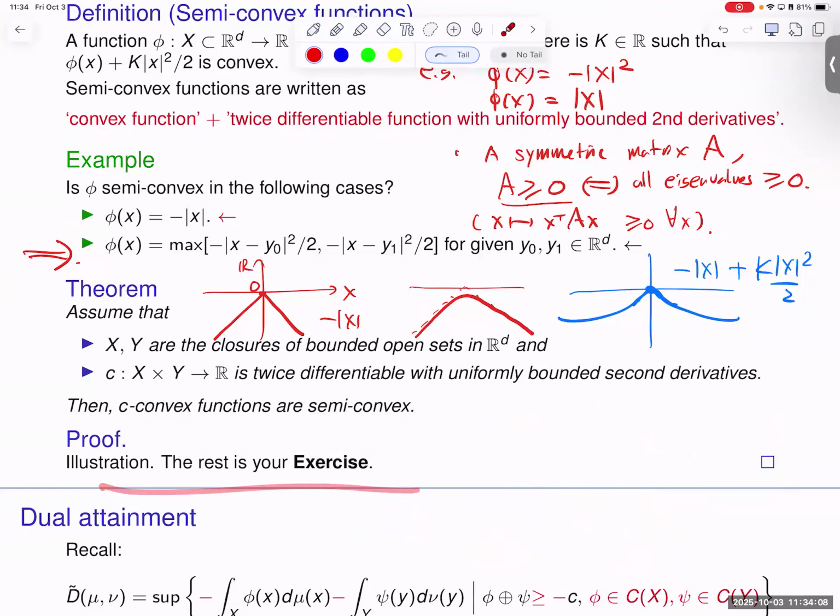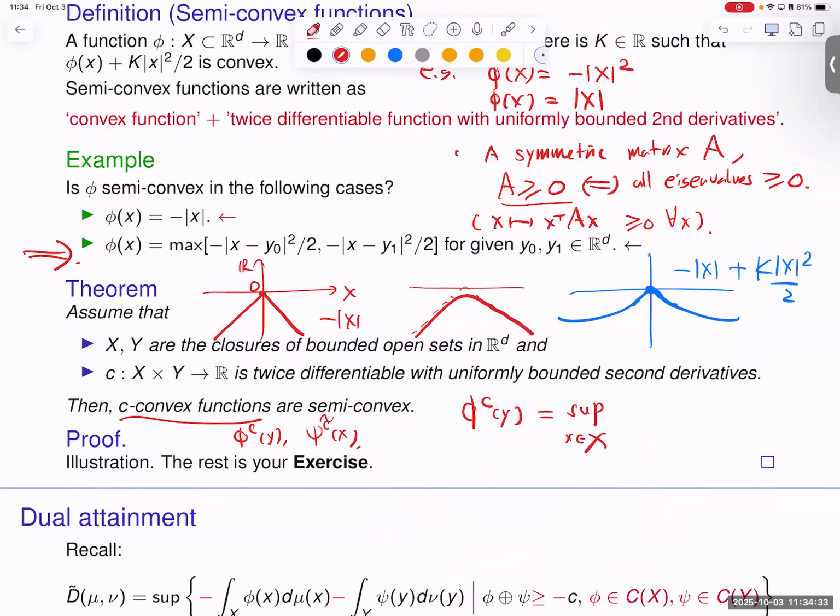This is your exercise, but let me just briefly say why it should be the case. You can remember what this function, the C-Legendre transform, looks like. C-convex functions are given by some Legendre transform, right?